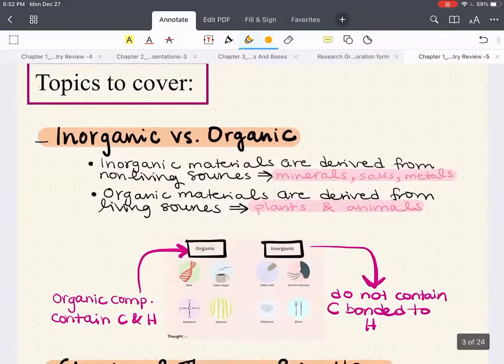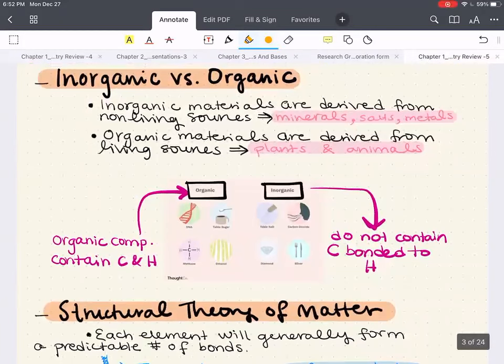Let's jump right in. Inorganic versus organic chemistry. Now, let me set the stage. In the early 19th century, scientists had some weird definitions for organic and inorganic materials. Organic materials were believed to be derived from living sources like plants and animals, and inorganic compounds were derived from non-living sources like minerals and metals and salts.